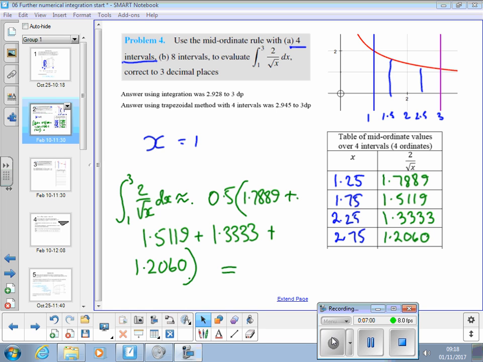So it equals 2.920 to 3 decimal places, about 8/1000ths away from what we got using the mathematical method.